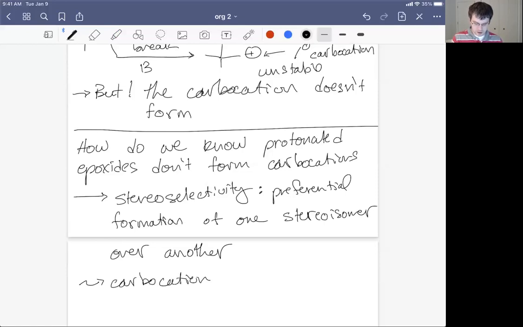Carbocations are flat, and if they're flat, they have a plane of symmetry. They are flat, that is planar. They're sp2 hybridized. And achiral.